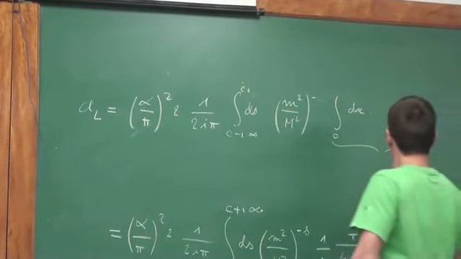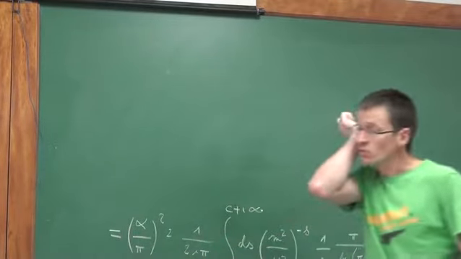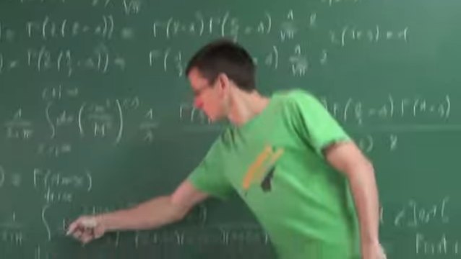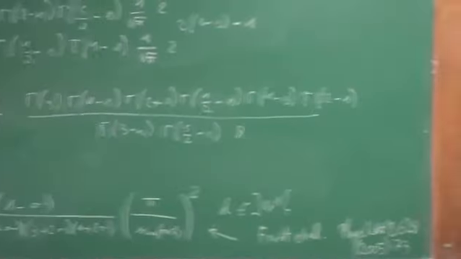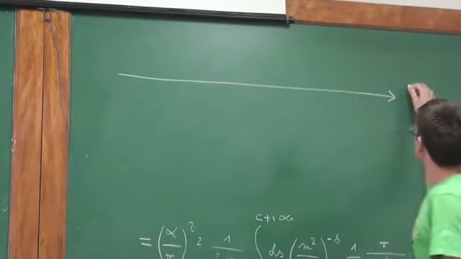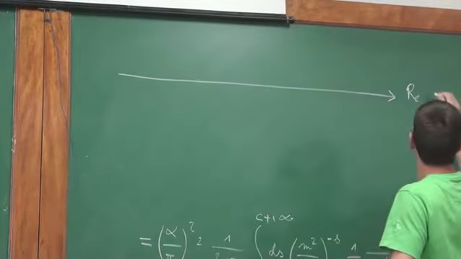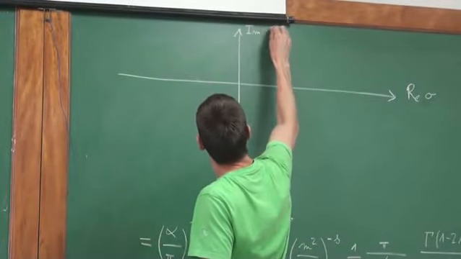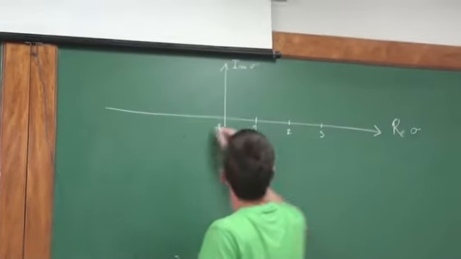So now, what we will simply do is have a look at the singular structure of this integral, of the integrand here. We'll have a closer look. So if I draw the S plane, the sigma plane, sorry, I have 0 here, 1, 2, 3.